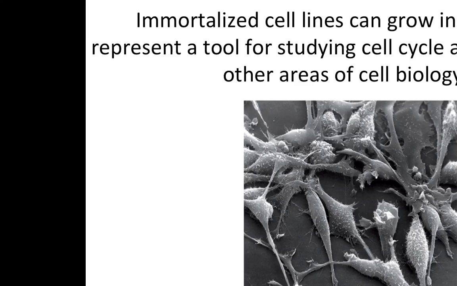Aren't immortalized cell lines usually cancer cells? Often they are. They're transformed cells, so they're either cancer cell lines or they're cells with some viral genes in them, like HeLa cells. Who's heard of HeLa cells? Now everyone has, right? Because of the immortalized Henrietta Lacks.